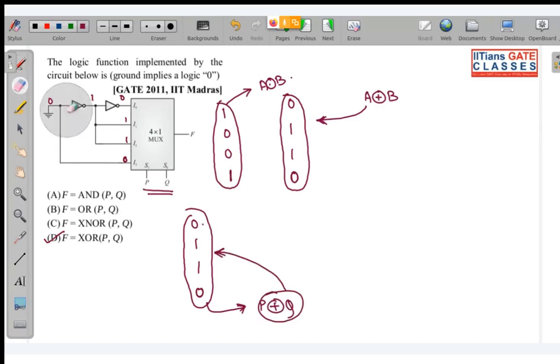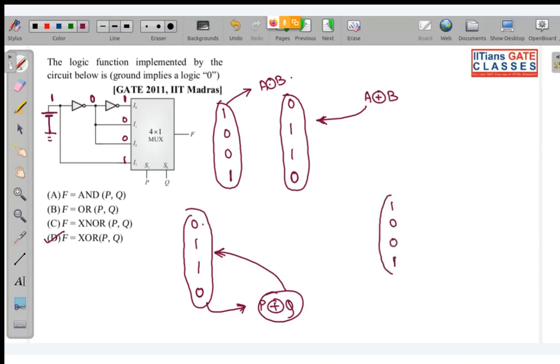Now assume in this question only, instead of this ground, you had a voltage source. So voltage source corresponds to 1 in digital logic. So when I pass it through inverter, this will be 0. Again, when I pass 0 through inverter, this will be 1. And this point will be 0, 0, 1. So now you can see input to this mux is 1, 0, 0, 1.